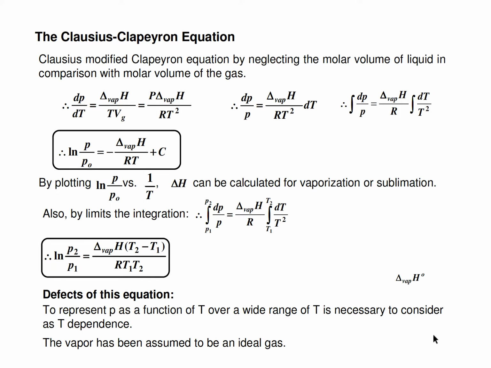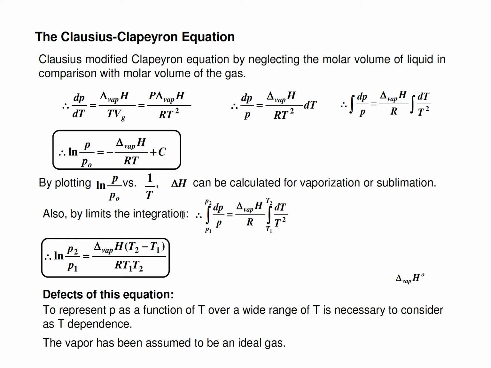Okay, the Clausius-Clapeyron equation. Clausius modified the Clapeyron equation by neglecting the molar volume of the liquid in comparison with the molar volume of the gas. So this is the previous equation, and we rearrange it into this one, and then we can get these equations. By plotting ln P against 1 over T, delta H can be calculated for vaporization or sublimation.